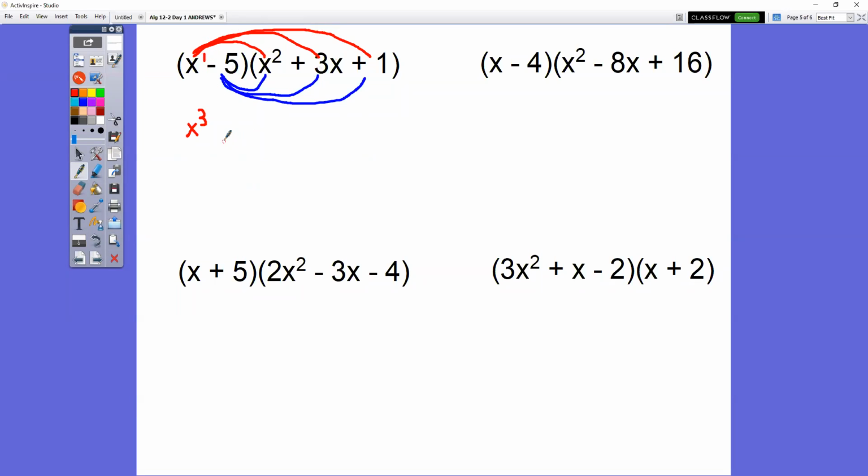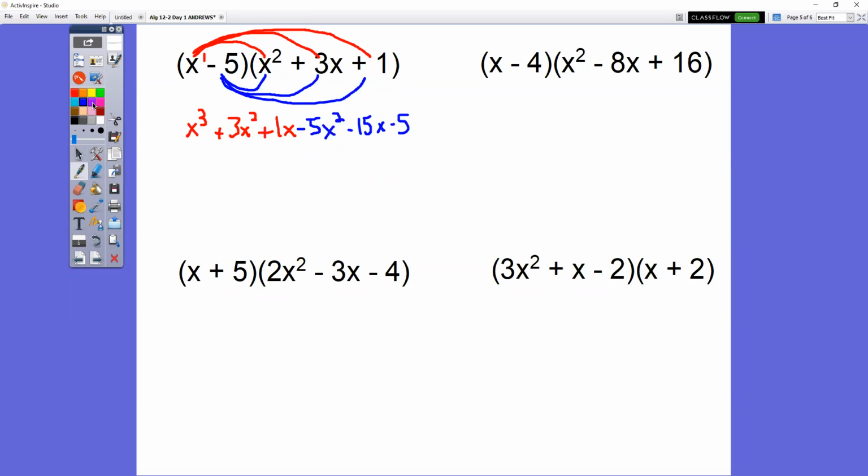X times 3x is 3x squared. And x times 1 is 1x. When we go to do the blue ones, -5 times x squared is -5x squared. -5 times 3x is -15x. -5 times 1 is -5.